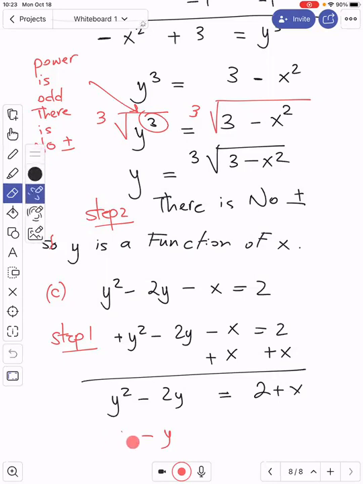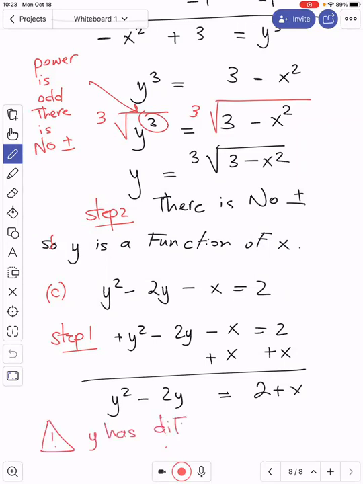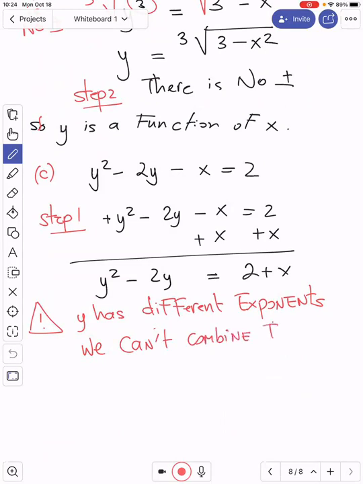Just be careful with that. So here, just a remark: y has different exponents, and because of that we cannot combine the y's. We cannot subtract them, or do anything here, except one thing. y is a common factor.